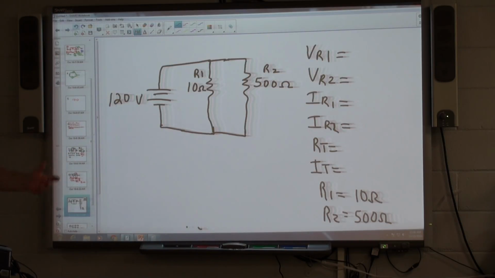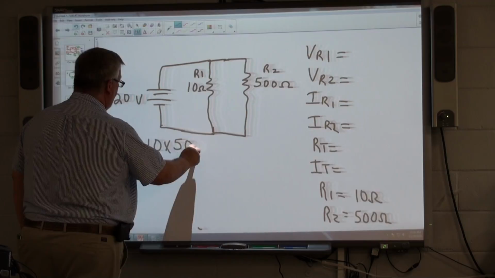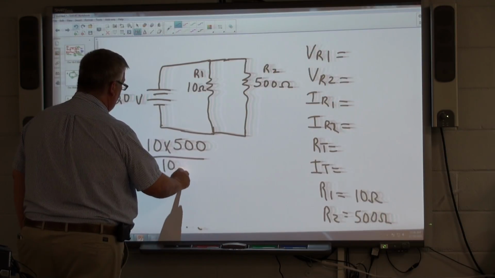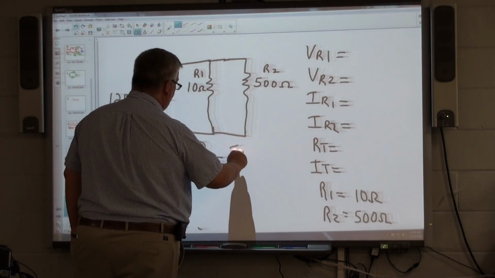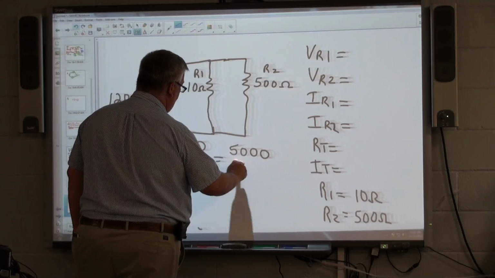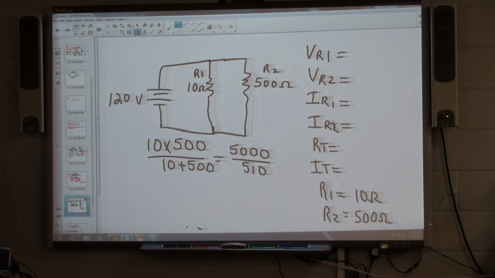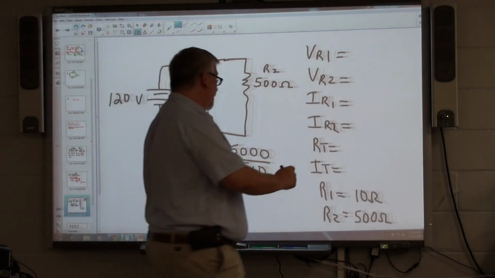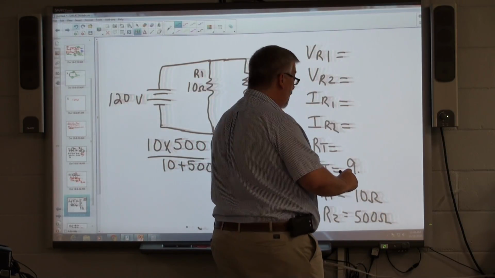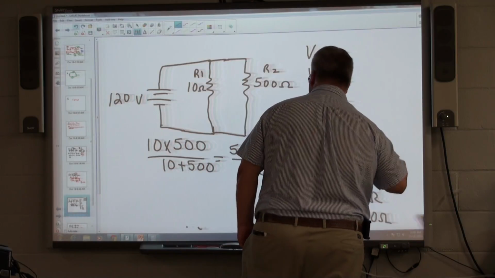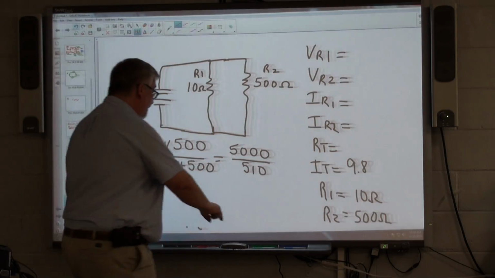RT, R total, 10 times 500 over 10 plus 500 equals 5,000 divided by 510. 9.8. Is there another decimal or does it work out even? It's 9.803. Okay, 9.8 works good then. All right, so we've already got R total.